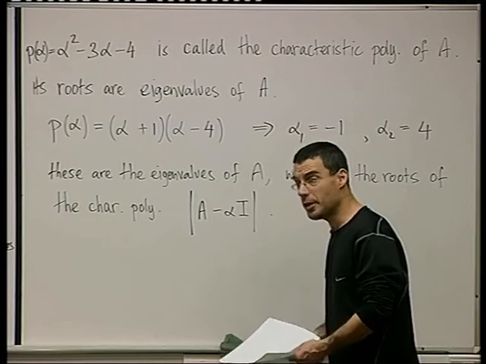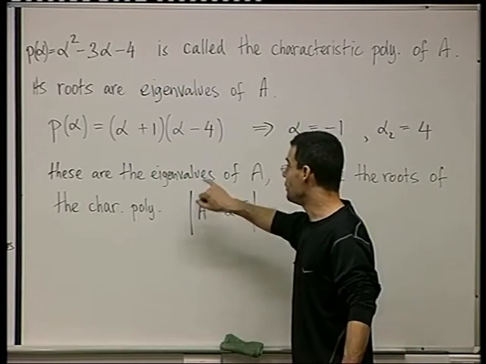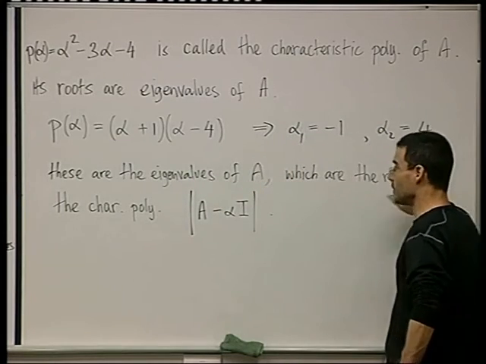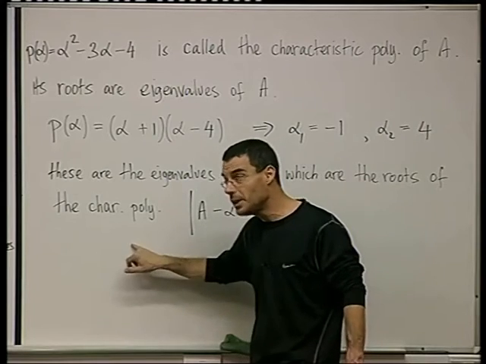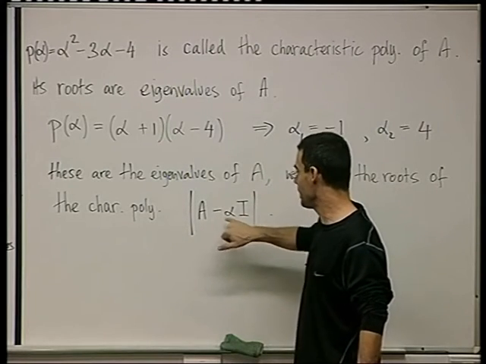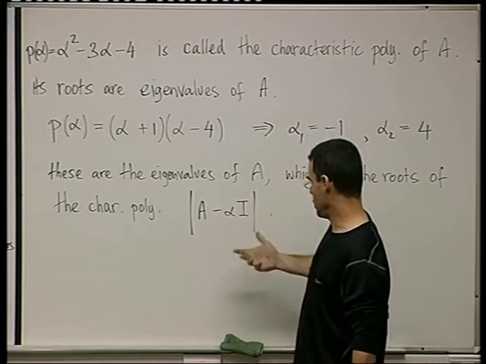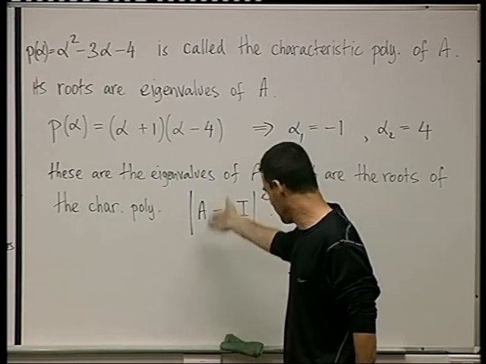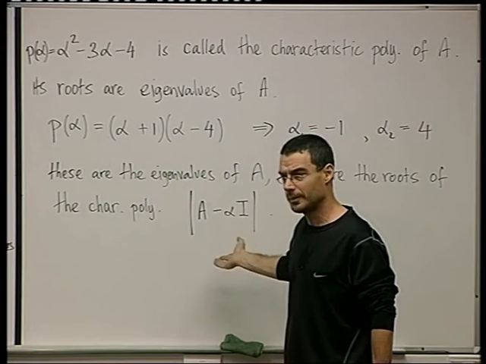When I write the theorem, I'm going to say the eigenvalues of A, or of T, are the roots of the characteristic polynomial defined by the determinant of A minus alpha I. You might look at this and say, hey, this is not a polynomial. This is the determinant of a matrix.